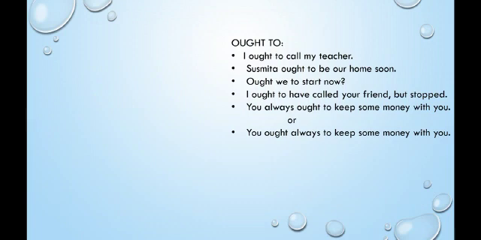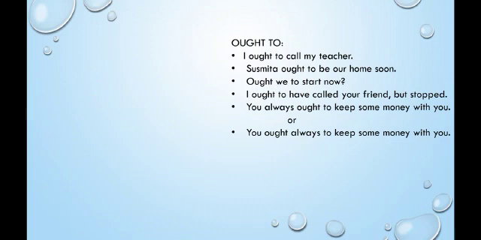Next, I ought to have called your friend but stopped. Here you can see the past participle format after ought to have. So when we are writing this type of sentence, we actually have to think about the work we assigned, but somehow it did not happen.